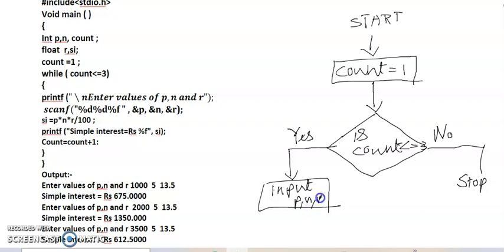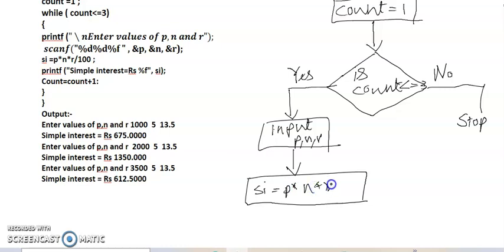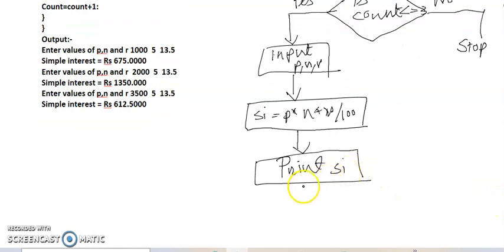p, n and r. Okay, and next is si, p * n * r divided by 100, and next is print si, and next is count equals to count plus 1.